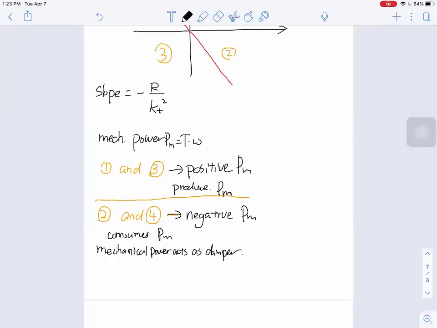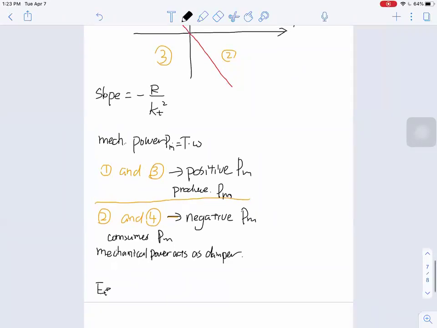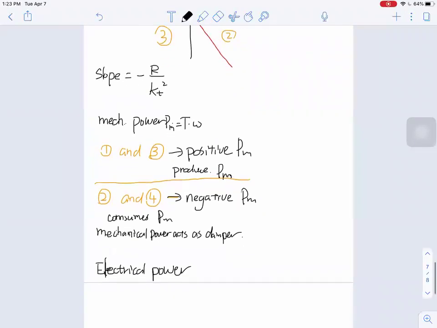Now we know for a DC motor we also have electric power. And how is this electric power gonna look?